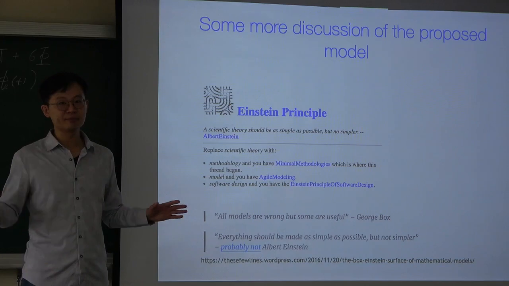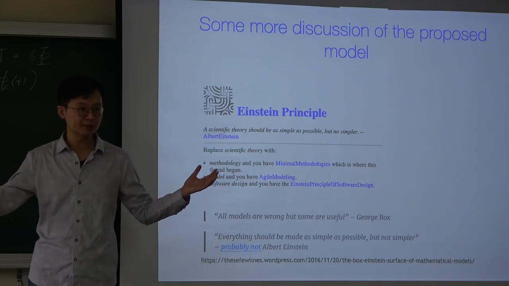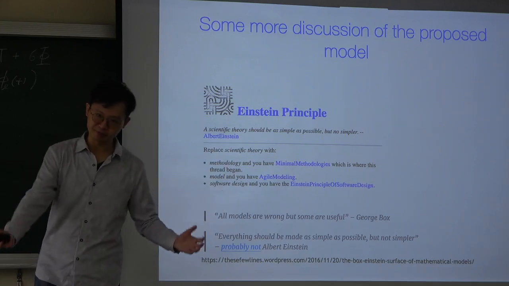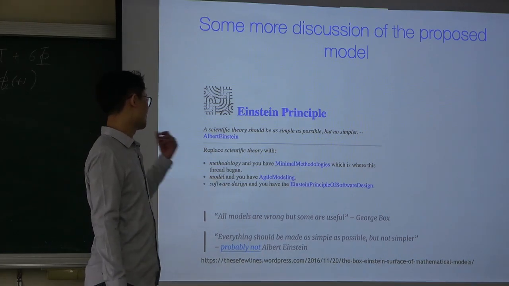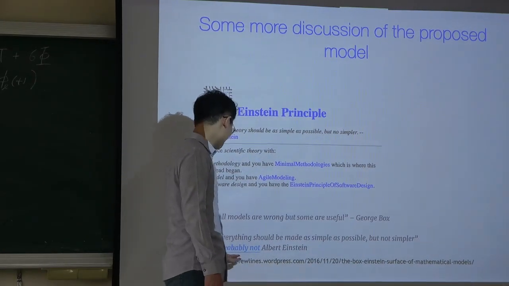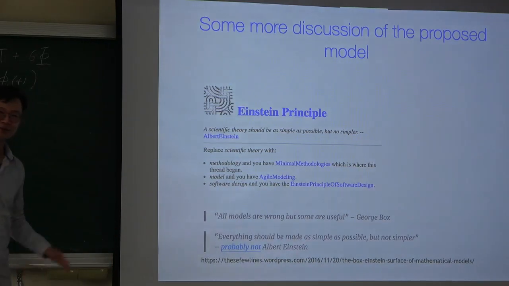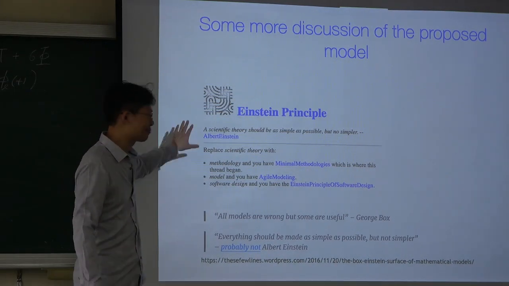I never claim that the model is correct. It's always possible that we find a better one. But I found it useful. That is why I discussed it here. Everything should be made as simple as possible, but not simpler. This is the same as above, but some people say it's probably not from Albert Einstein, which is very interesting. I really don't know where the origin is. So whatever, just an FYI.